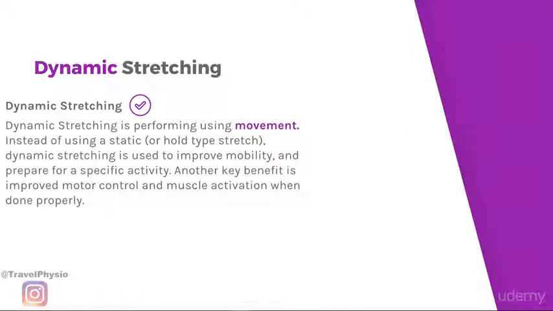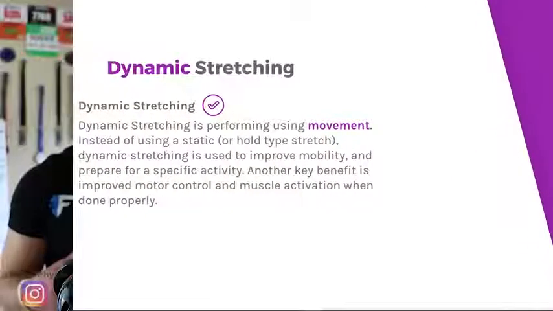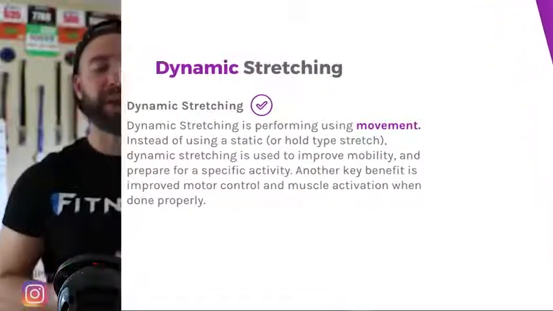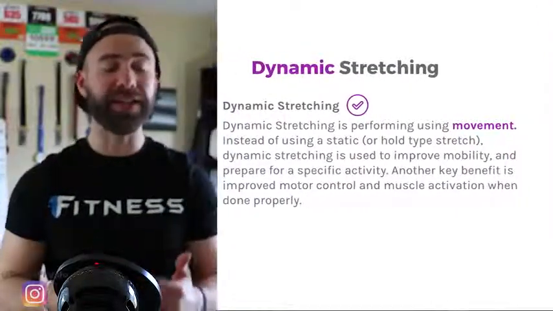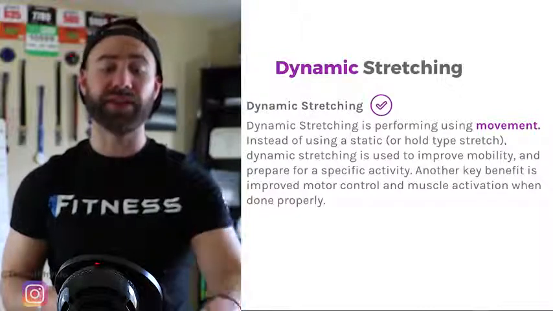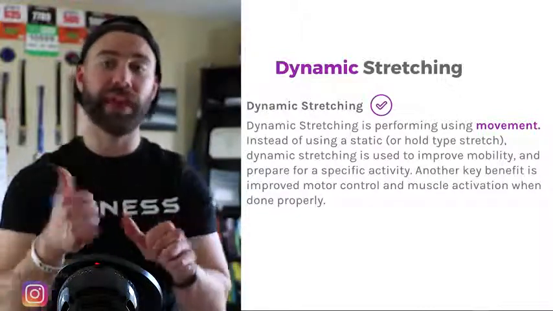So that's static stretch. Next up is a dynamic stretch. So a dynamic stretch is performed using movement. Instead of using a static hold type of stretch, dynamic stretching is used to improve mobility and prepare for a specific activity. Another key benefit is improved motor control and muscle activation when it's done properly. So a dynamic stretch, and I'm going to throw an example of that up on the screen.